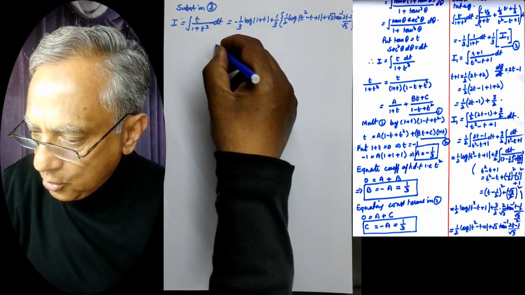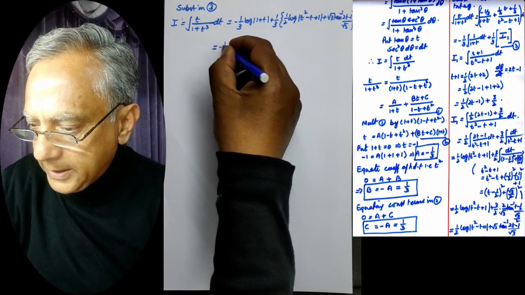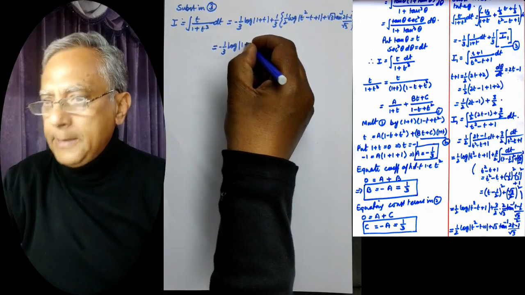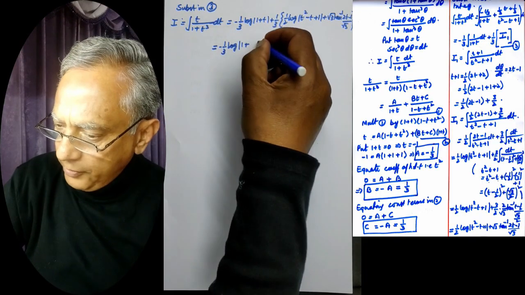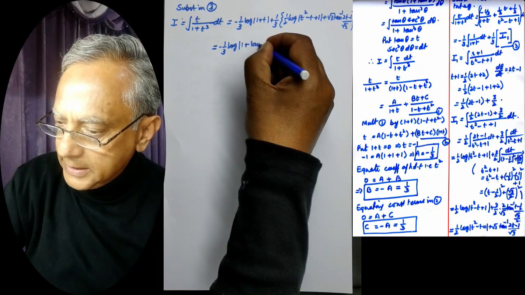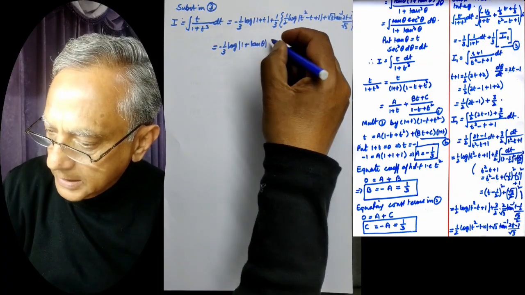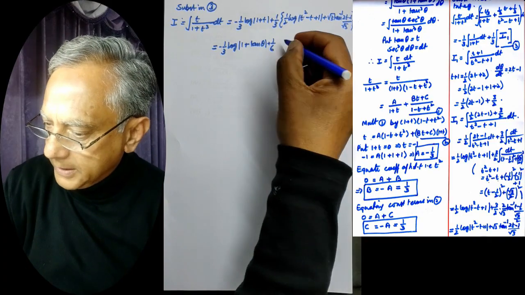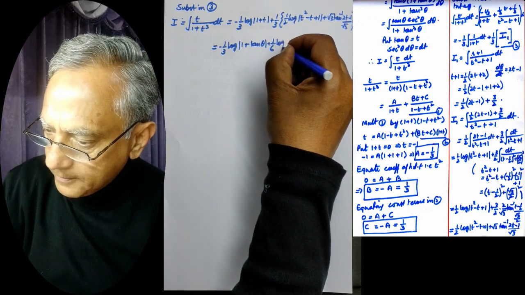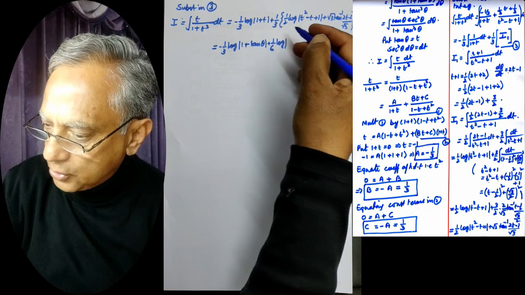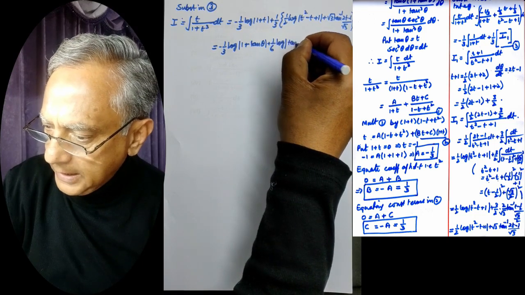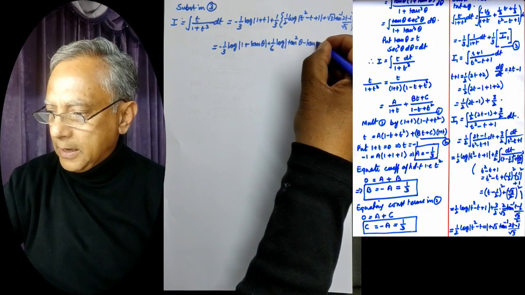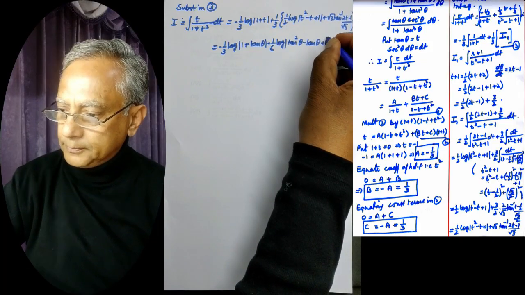And this is equal to minus 1 by 3 log of 1 plus t, and t is tangent of theta. This is tangent theta plus 1 by 6, open this bracket, 1 by 6 log of t square, t square is tangent square theta minus tangent of theta plus 1.